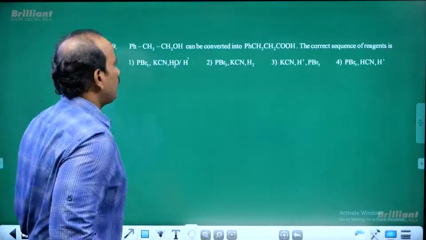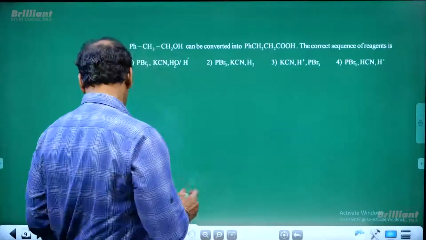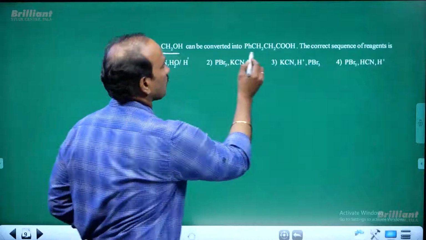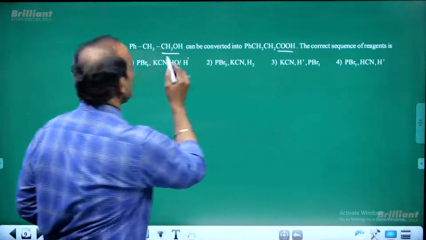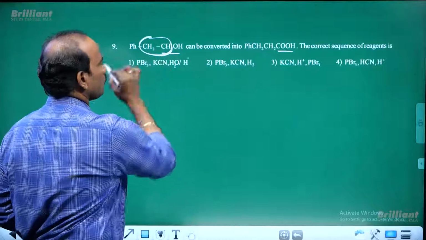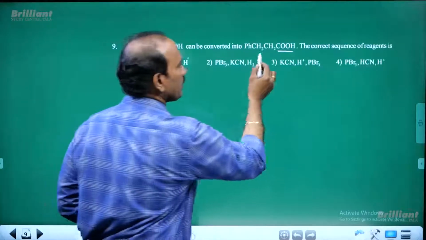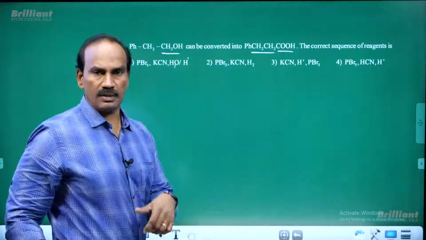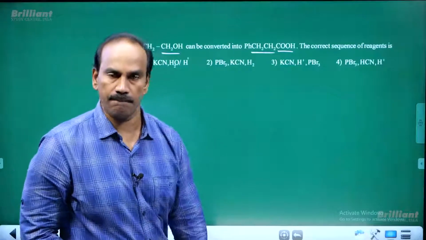Next one: the alcohol group is converted into carboxylic acid. Here how many carbons are there? 2 carbons only. Here how many carbons? 3. Ascending means cyanide is required.